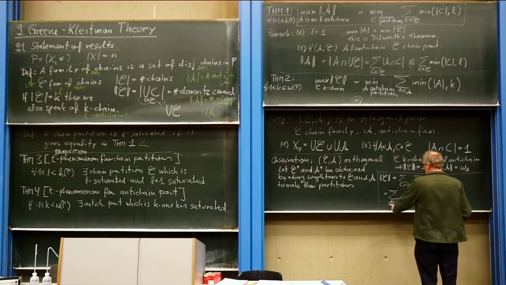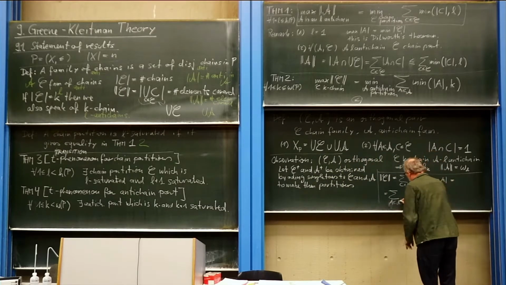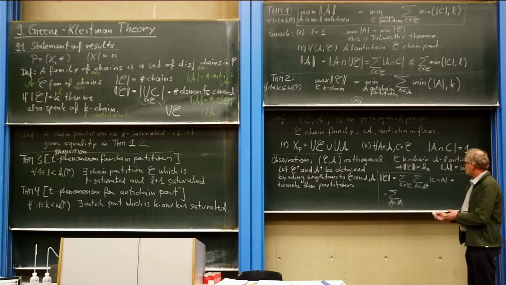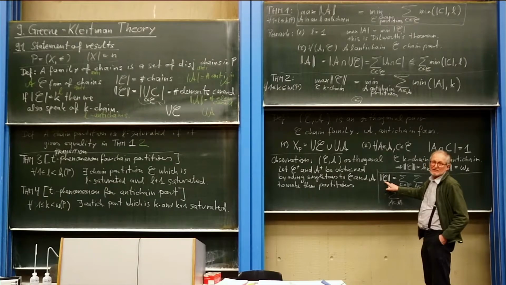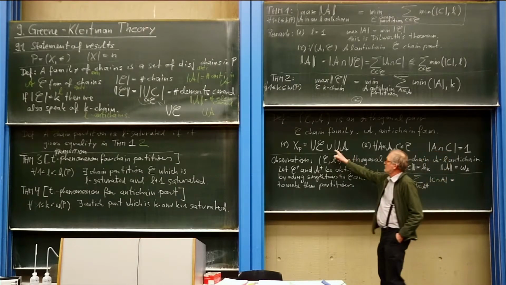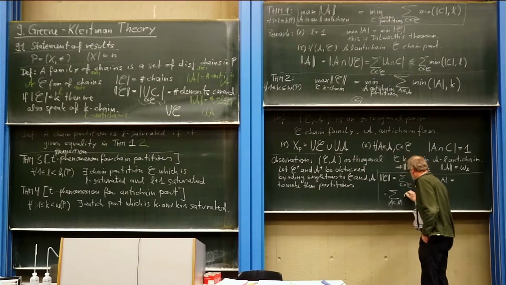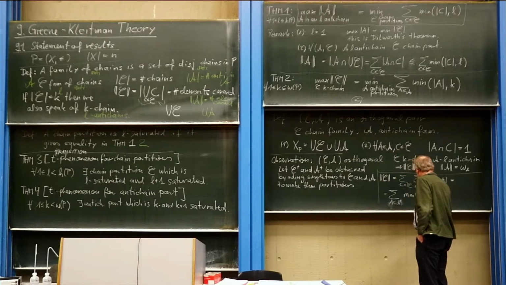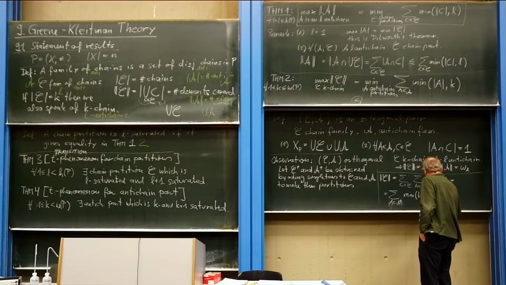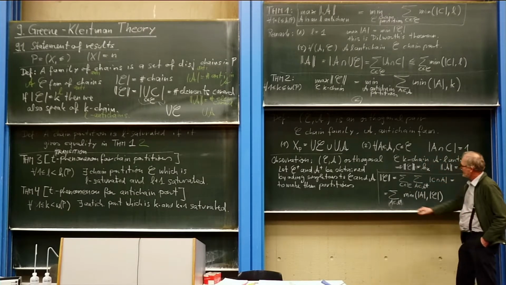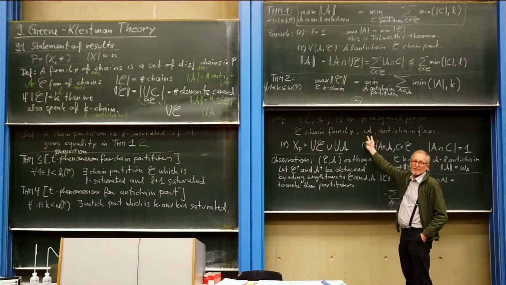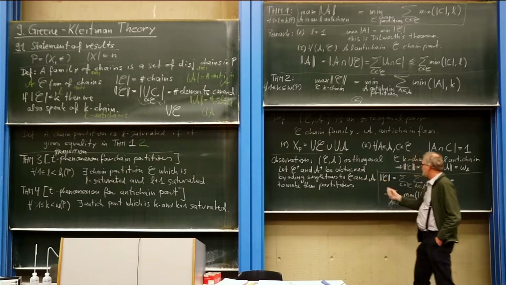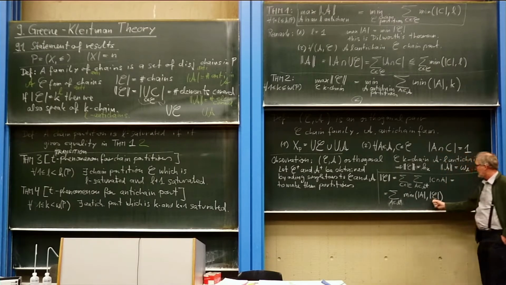So we go over all elements in A plus, and now if this is a singleton, then this singleton is covered by some chain because of property 1. And we can clearly write this is the minimum of size of A and number of chains in C. And if this A is an anti-chain which belongs to the family A, then it is intersecting every chain in C, so we get this contribution.